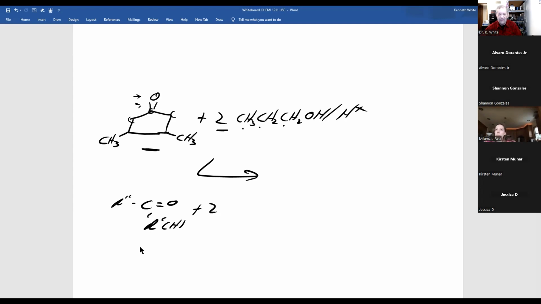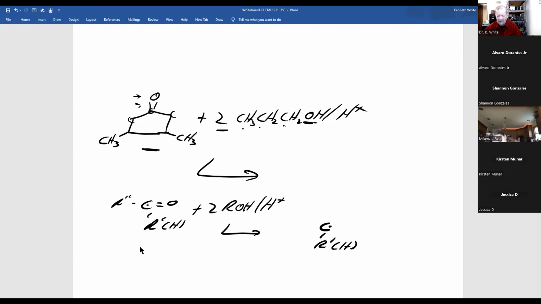Coefficient 2. Carbon, carbon, carbon, oxygen with a hydrogen and a carbon, that's an alcohol. And I have acid catalyst. And now, what do you get? Keep your eye on the carbonyl. What's attached to it will still be attached to it.